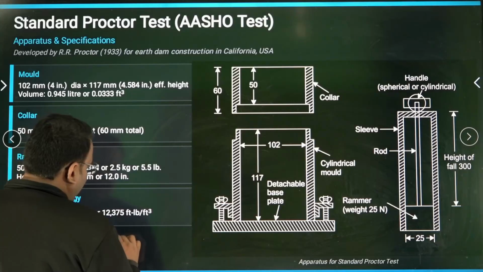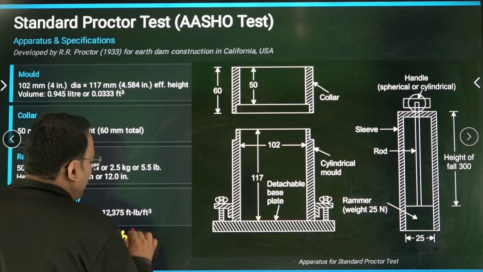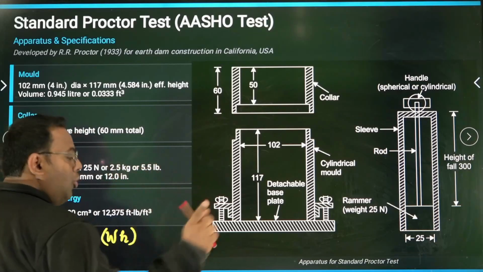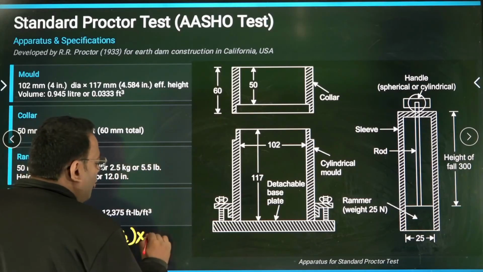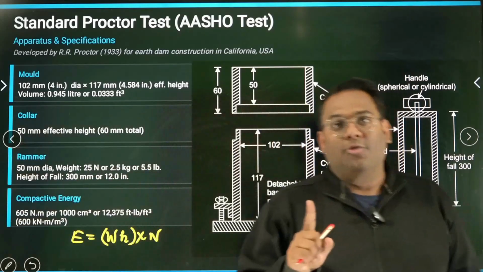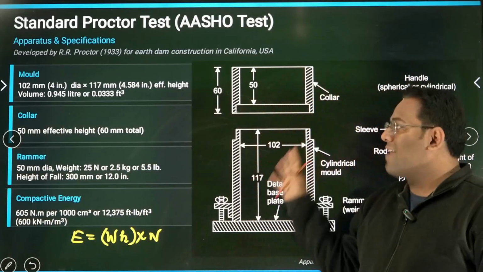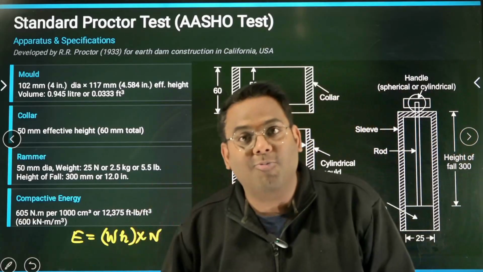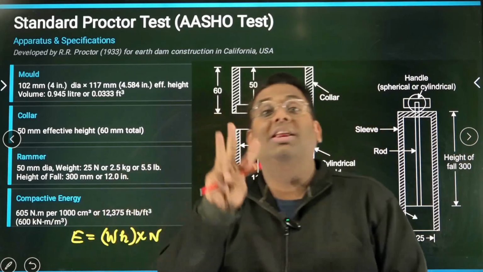That is weight into h, by one impact or one blow, into the number of blows that is given in one test. So if you are talking about this standard Proctor test, then you impart a total 25 blows on each of 3 layers.